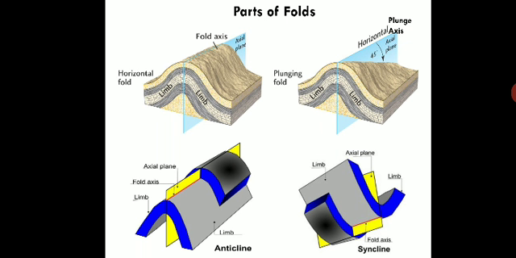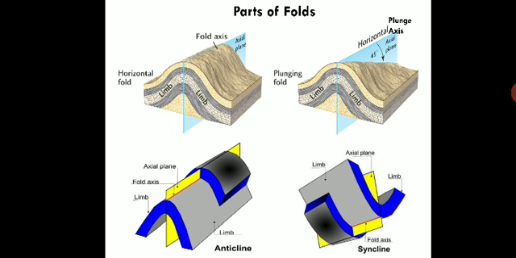The extent of folding undergone by the rock and its ultimate folded shape depend upon the magnitude of the stresses, and the intensity, the type and the duration of the stresses acting on the rock. That decides the fold.